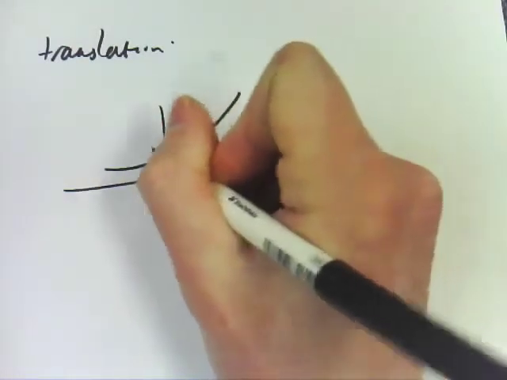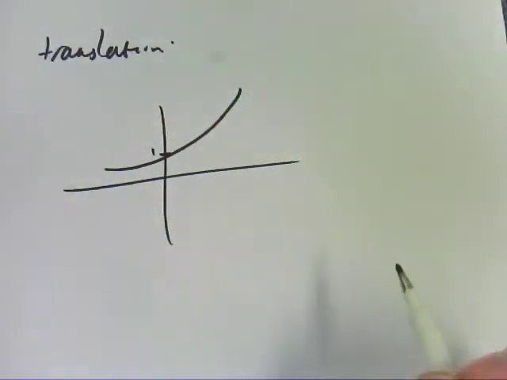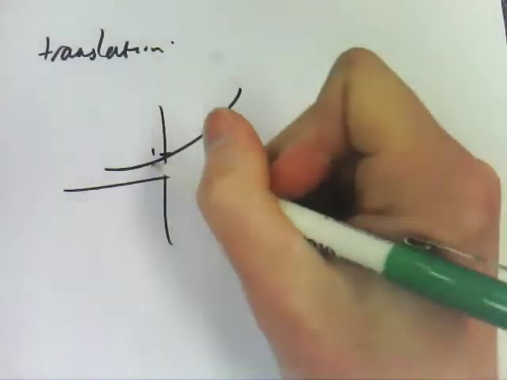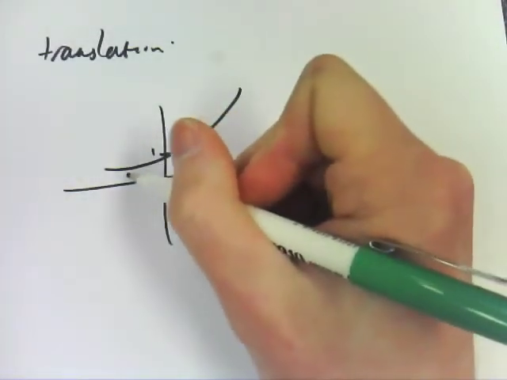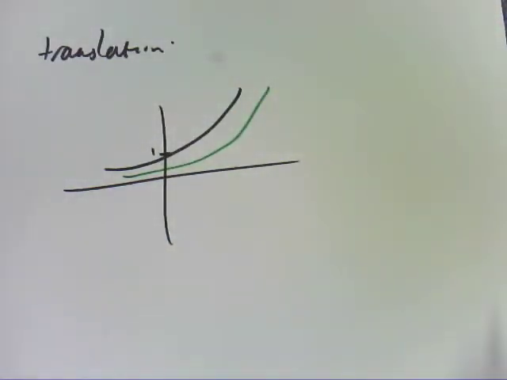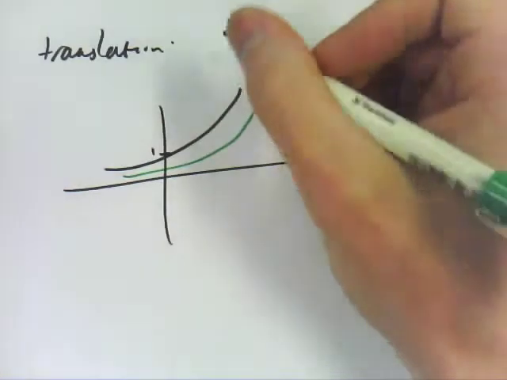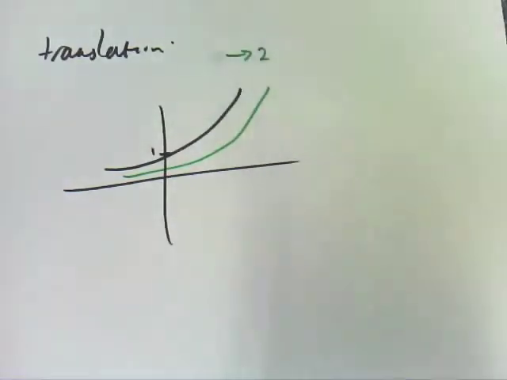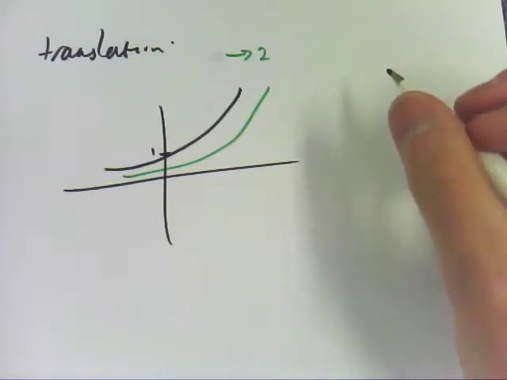So if we continue about translations, again, we're talking about our standard graph, so an increasing exponential graph. Now, if I move it that way, alright, so let's say I've moved it this way too. What's my equation going to be?